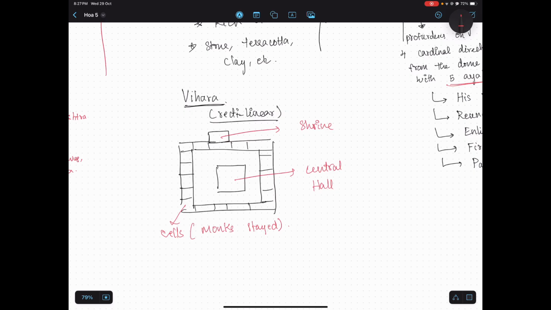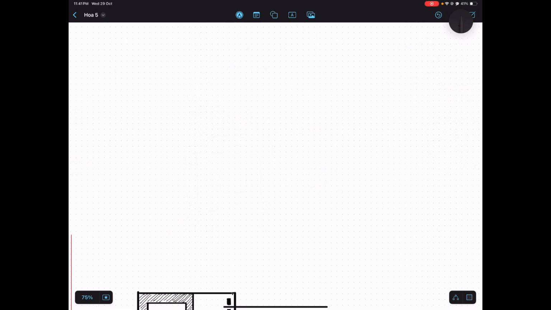So that is about Buddhist architecture. So let's start with temple architecture of India.